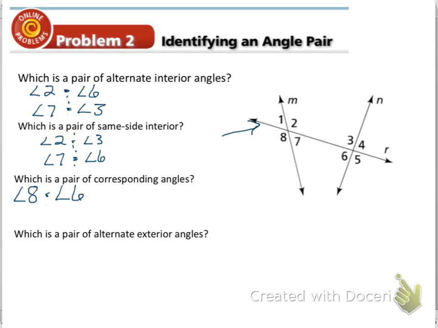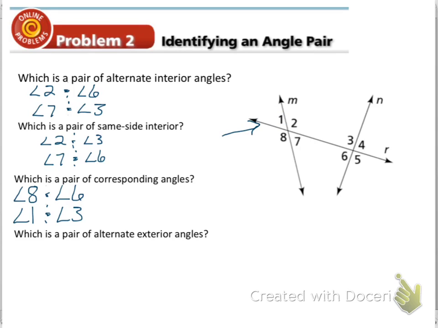We have 1 and 3, so angle 1 and angle 3 are corresponding angles. I erased these so that you could see how they are paired up.